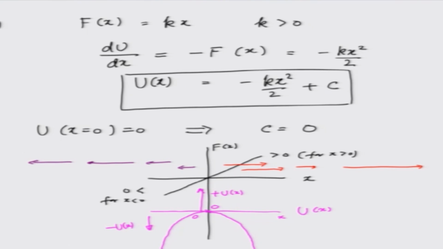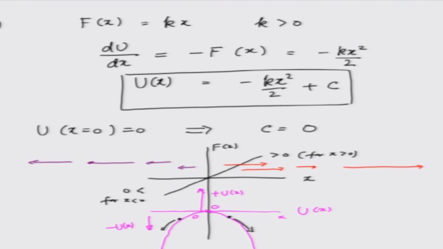What does this mean? If I leave a particle here, at some point here, it will tend to go to lower potential energy and slip this way. If I leave a particle on the left side, negative x, it will slip on the potential energy curve and go like this. So, if you look at the potential energy curve, it immediately tells you which way the particle is going to have a tendency to move when it is left there.